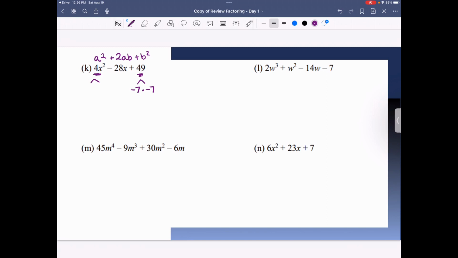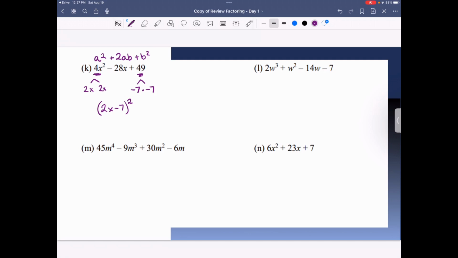And then this will be 2x times 2x, right? So my factors are going to be 2x minus 7 and 2x minus 7, so it's just 2x minus 7 squared. And if you expand that and distribute, you end up getting 4x squared minus 28x plus 49.